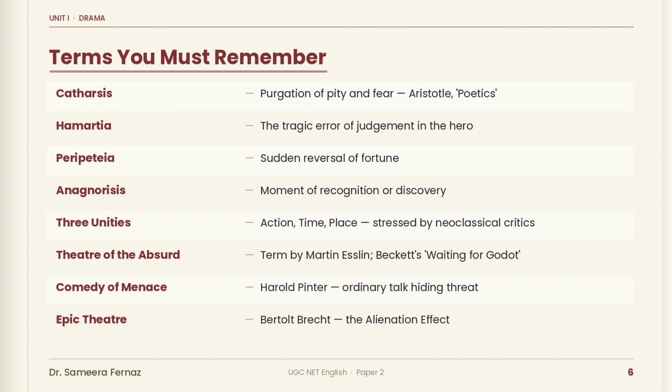The three unities are action, time and place. Theatre of the Absurd is a term coined by Martin Esslin, and Beckett's Waiting for Godot is the most famous play. Comedy of Menace belonged to Harold Pinter, and epic theatre, with its alienation effect, belonged to Bertolt Brecht.